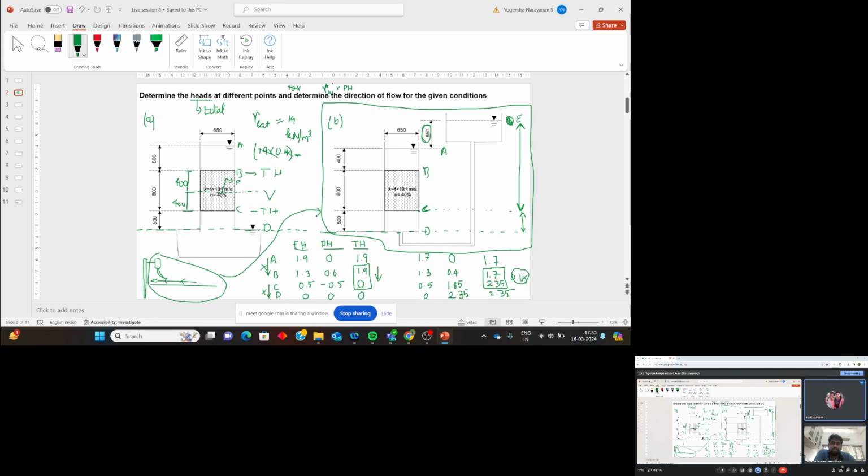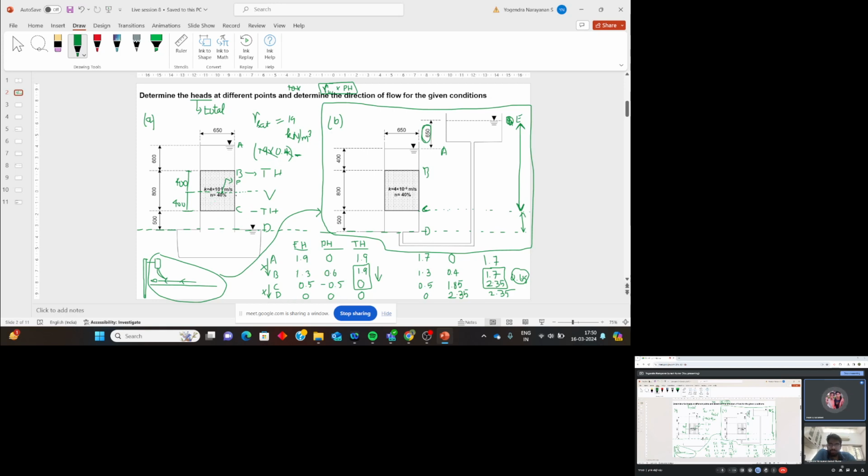Yes, sir. So in this case, how will you calculate pressure head? Sir, I don't know, sir, but pressure at the water table is at A, so rise to A.